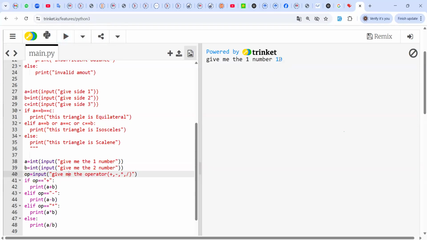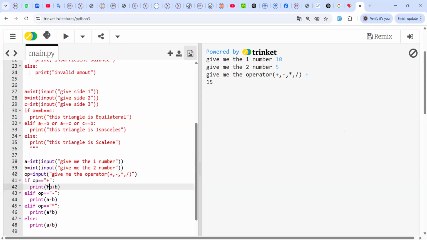So the first number, the second number, and now the operator. I'm going to ask for the plus, and it gives me 15, which is correct, because 10 plus 5 is 15. But I don't want to see only 15 on the screen. I want to see A plus B is equal to 15. How can I write this in here?